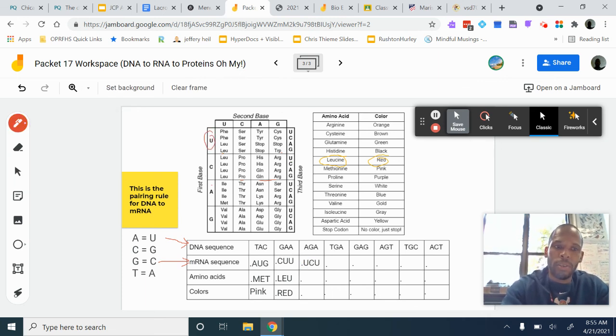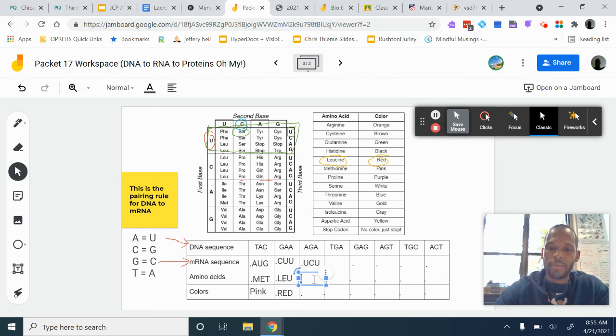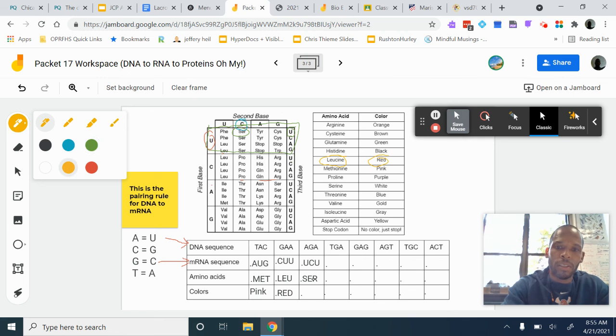First base is U, second base is C, third base is U. So we know it's going to be where they all would meet up at. Be right here. That's that SER, serine. So we got SER. And serine is the color white.